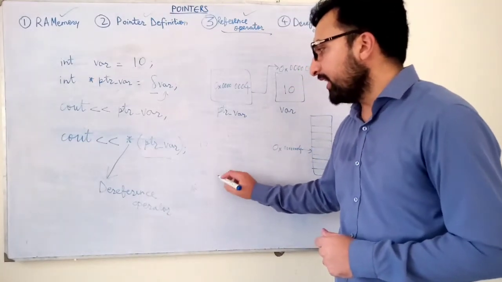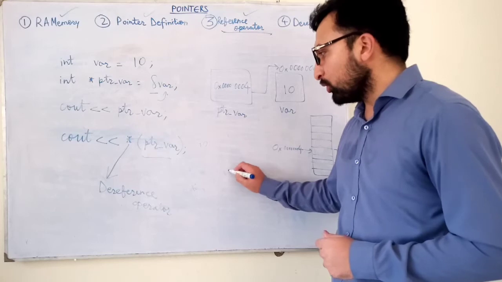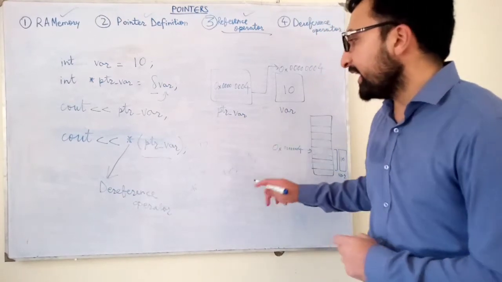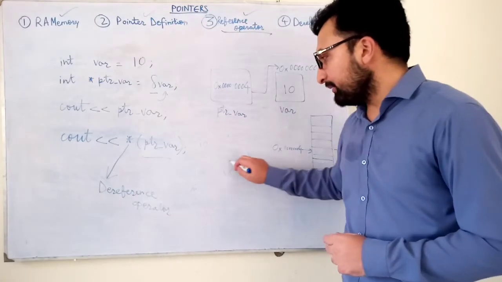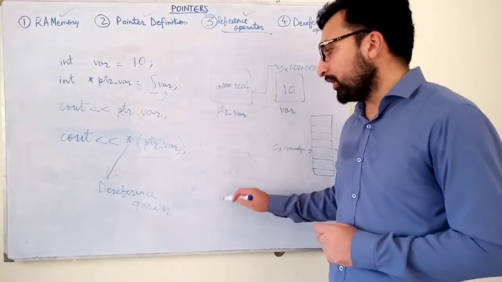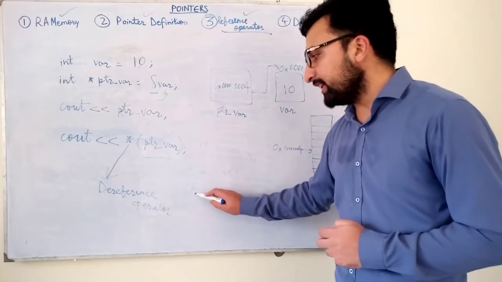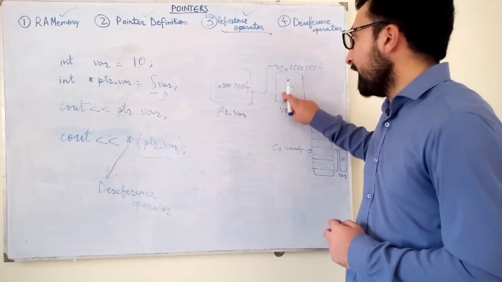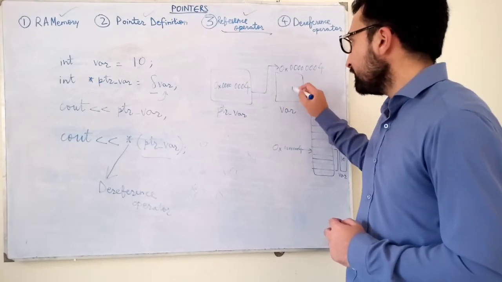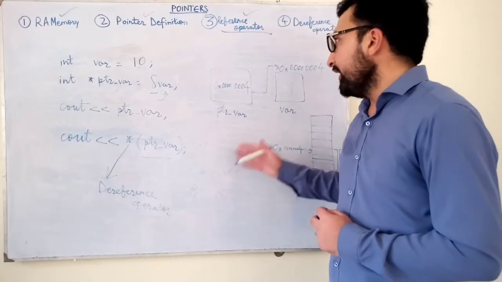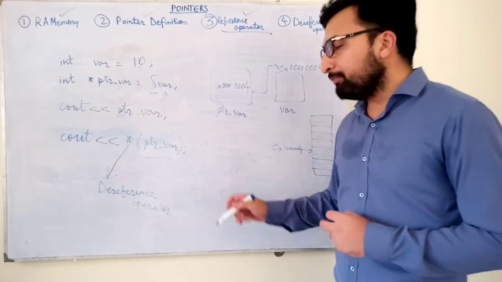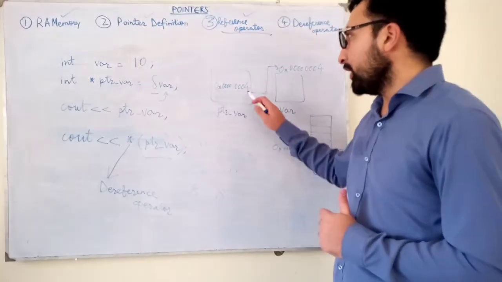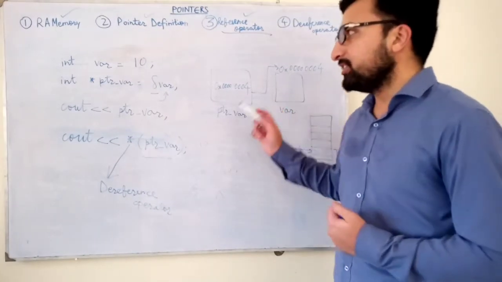Just like if I write *ptr_var equals 9, what will happen is that it will go to the address pointed to by this pointer variable, and we have a dereference operator along with that, and it will dereference that value to 9. So we have changed the value with the help of a pointer variable. Now that pointer variable was pointing to another integer variable.